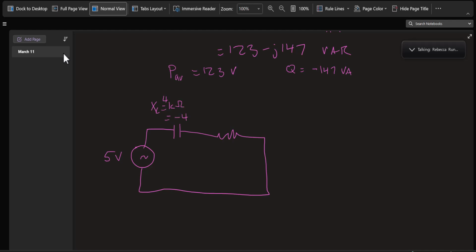That's got to be minus 4K, or minus J4K if we put it in complex, and 3 kiloohms here. So for this one, our impedance would be 3,000 minus J 4,000.